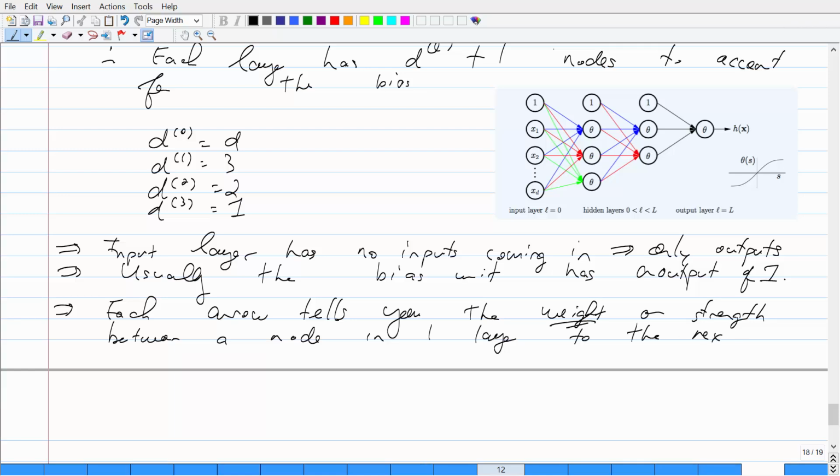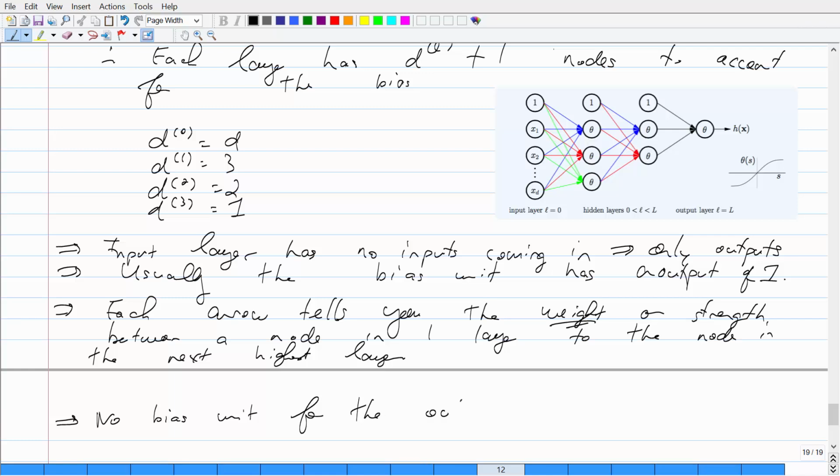And so, no bias unit for the output layer.